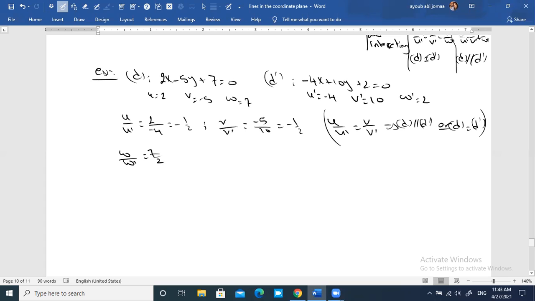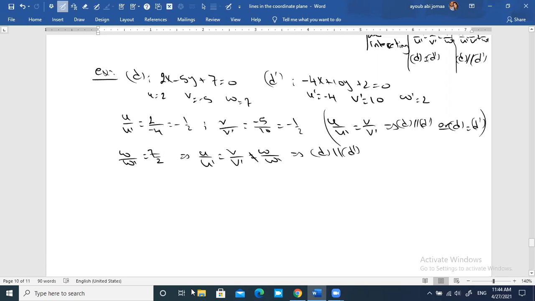It is not equal to negative half. So here u over u prime is equal to v over v prime and not equal to w over w prime, then the lines are parallel. In case they are intersecting, you solve the system in order to find x and y, to find the coordinates of the point of intersection.